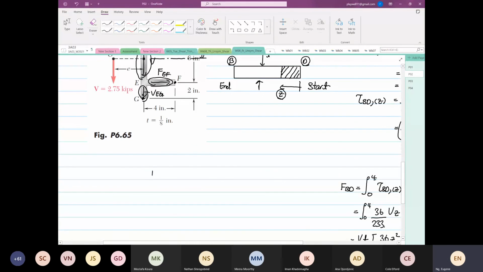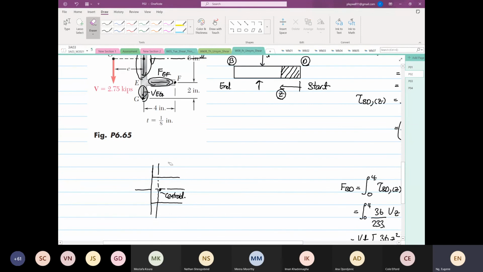If we have a structure in this direction, and then if we have a vertical, so if this is the centroid, over here is our centroid, both in the Z and in the Y direction.